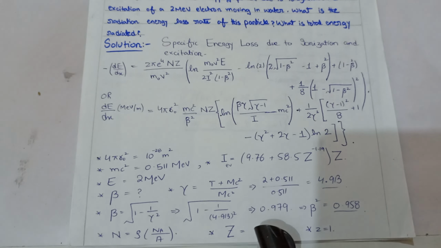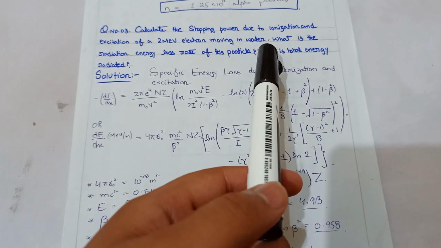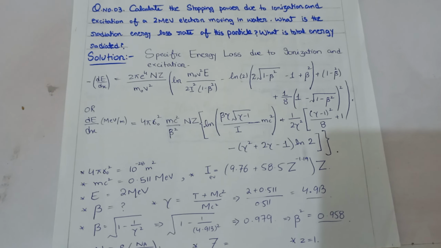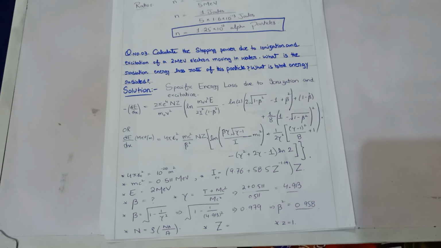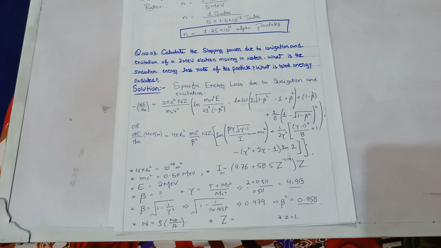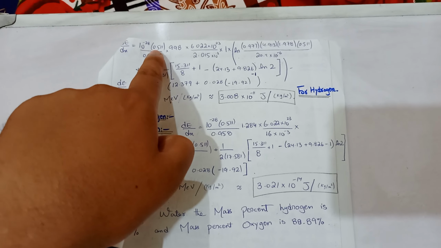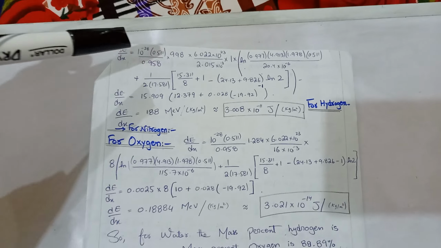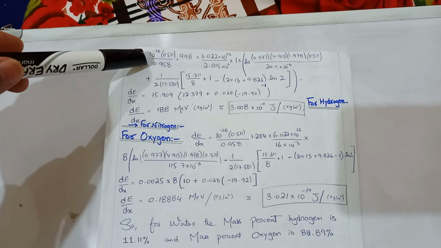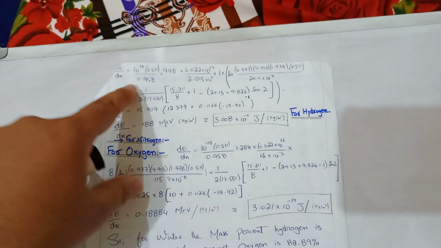You have to remember this. Capital Z depends on the material. Let's substitute all values in our formula and calculate our problem. So you can see this is the value 4π r0², which is 10^-28, m0c², which is 0.511, divided by beta square.